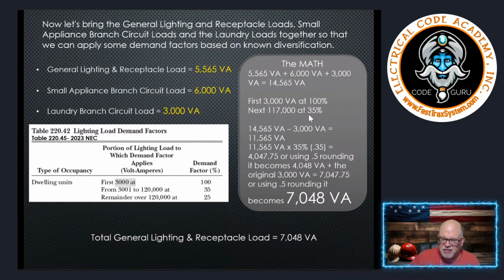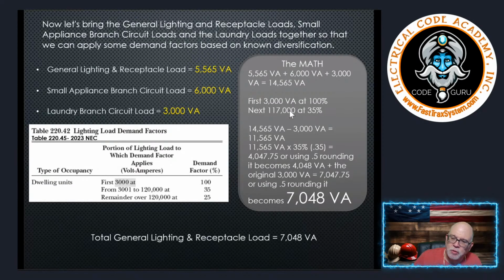Now, if you were doing a massive house and had any additional VA over 120,000, you're able to reduce that by 25%. So you stack the effect, and it's really going to give you a good demand factor for these dwellings. But in our case, we only have the first 3,000 at 100%, and then from 3,001 up to 120,000, we're going to fall in the 35% factor.